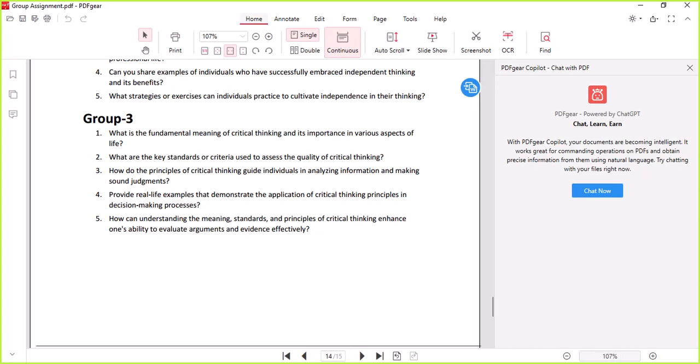What's the rebuttal principle? The rebuttal basically tells us that an argument is valid if it perfectly fits. What does it mean? If it perfectly fits the ideas it gives.